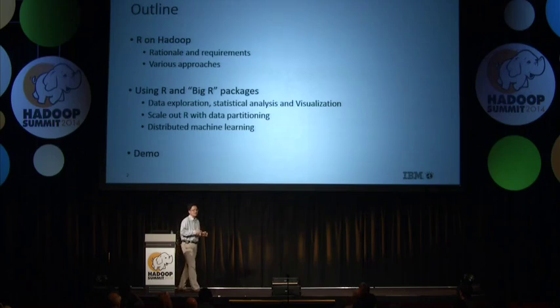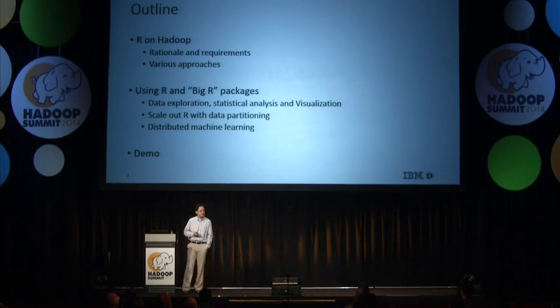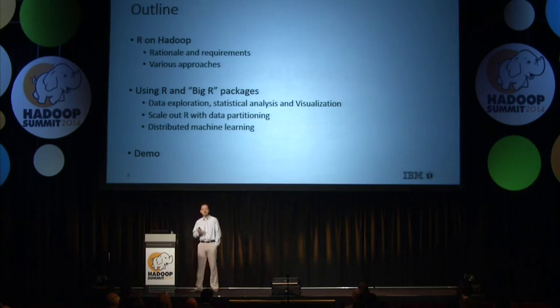So that's the agenda today. I will first cover a couple of high-level charts very quickly: the rationale, why run R on Hadoop, the basic requirements, and the different approaches. I'm going to touch on RHadoop a little bit because that's been there for a little while. Then I'm going to quickly get into the introduction of the Big R packages that we just introduced in our new release.